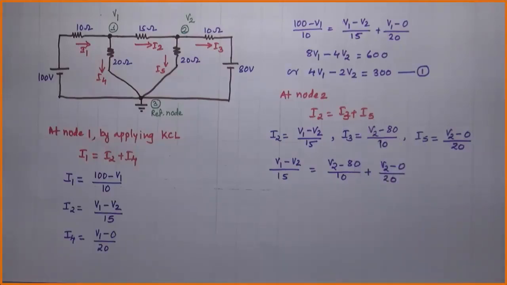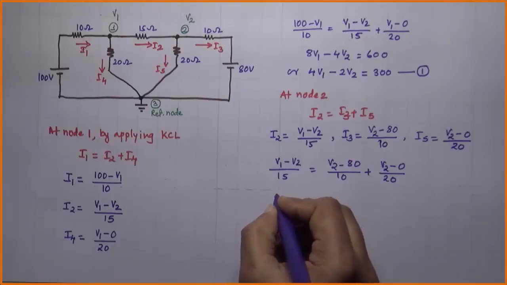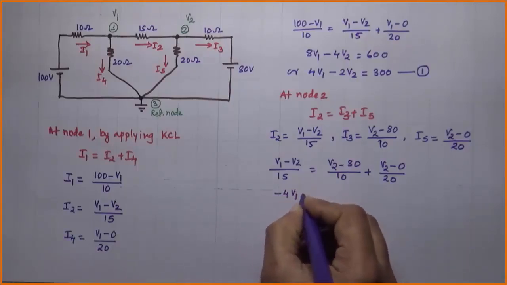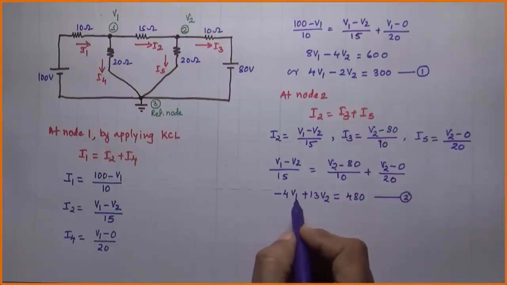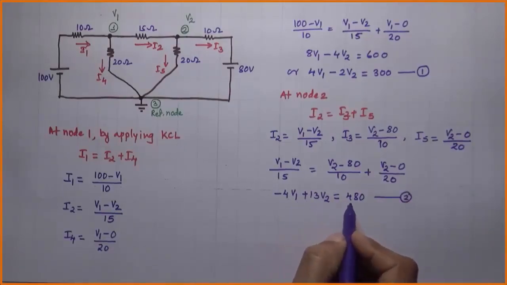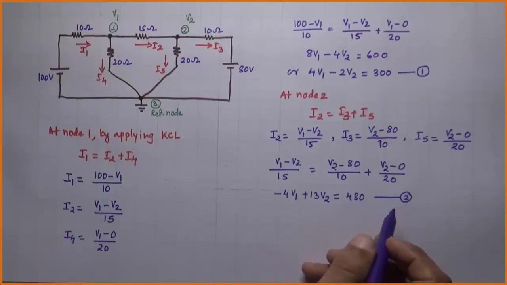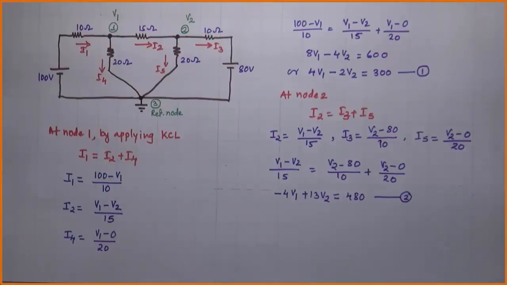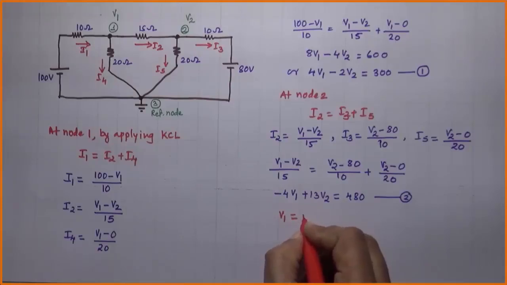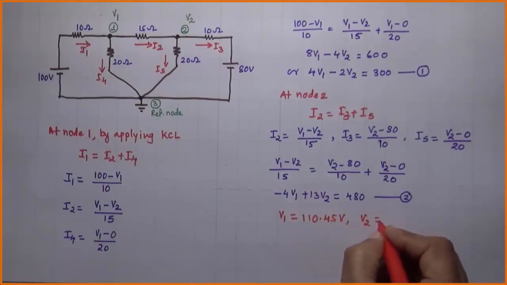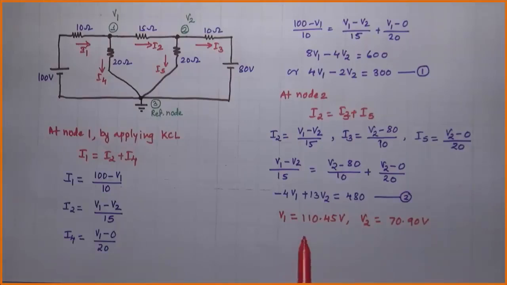After solving this equation, we will get simplified equation as minus 4V1 plus 13V2 is equal to 480, that is equation number 2. By solving equation number 1 and 2, we will get values of V1 as 110.45 volt and V2 as 70.90 volt.